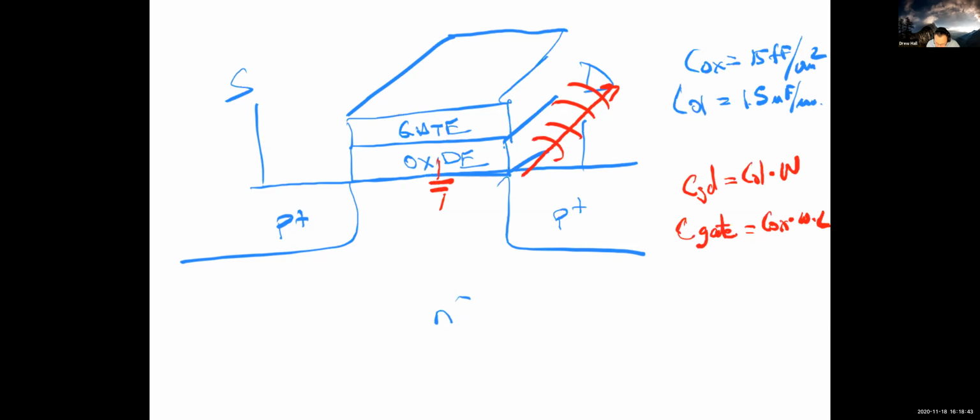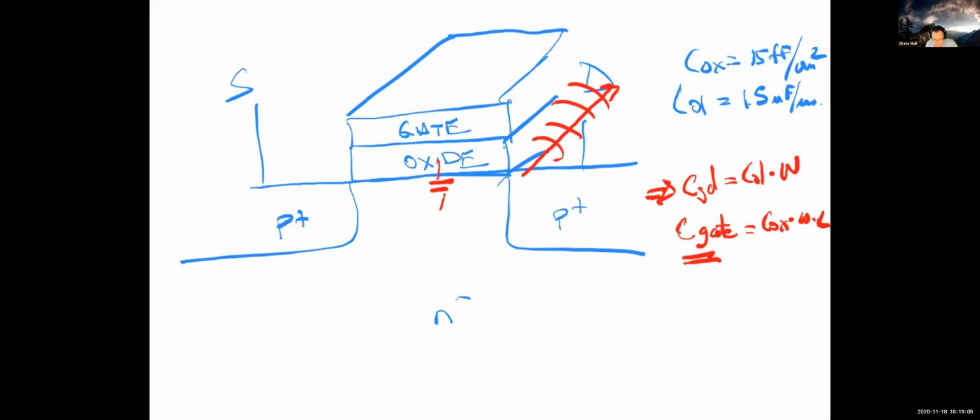But the key to remember is that the overlap capacitance here does not depend on the length. It only depends on the width. The gate capacitance depends on the total area of the device, W times L. Does that make sense? Right, but for CGS, I use the other equation, the 2/3 WL Cox plus C overlap.